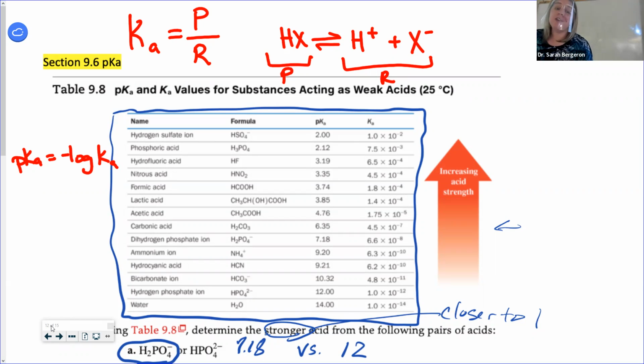If I compare hydrogen sulfate ion and let's say water, right? Which one is making more? Reactants and products. Why did I do this? Y'all, seriously. So which one is making more product? Hydrogen sulfate ion or water?